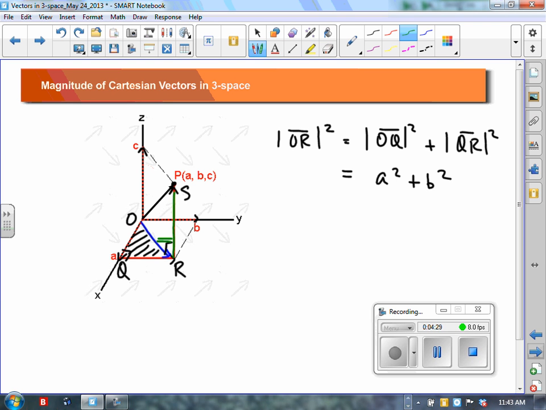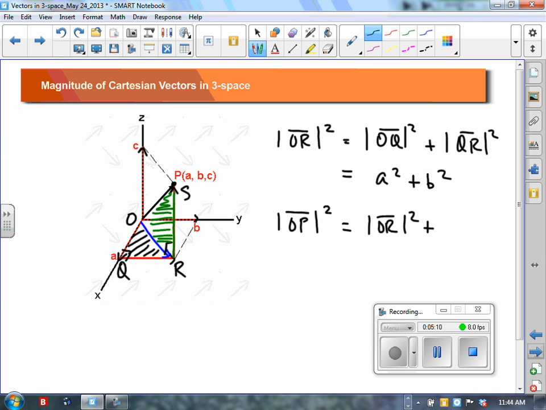So again, we're looking at the upright triangle here, and we're going to work with triangle ORS. In this case, OP squared is going to be the result that we just determined, which is OR squared, and to that we will add the square of the vector RP.